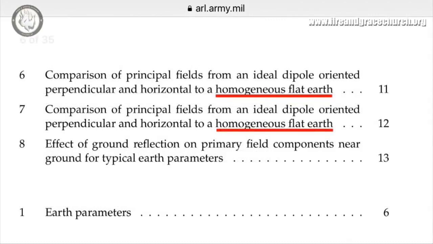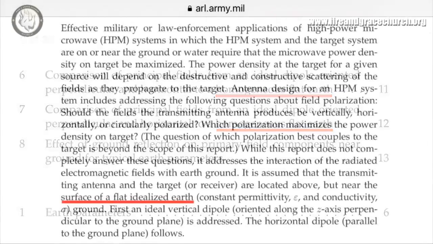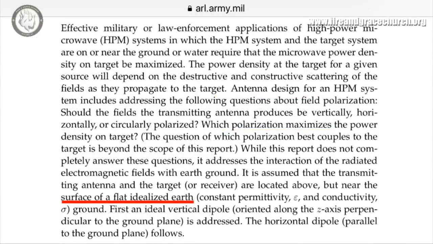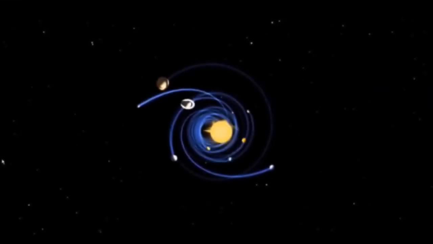It says comparison of principal fields from an ideal dipole oriented perpendicular to a horizontal and homogeneous flat Earth. Army Manual. They tell you right here, it's assumed that the transmitting antenna and target or receiver are located above but near the surface of a flat idealized Earth.